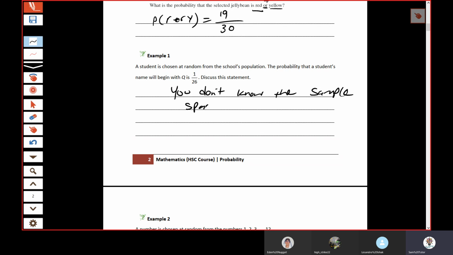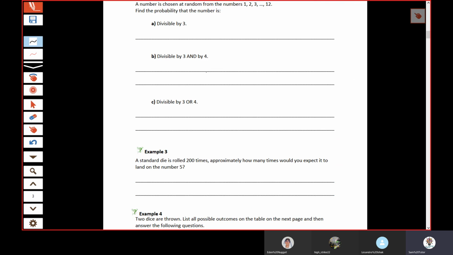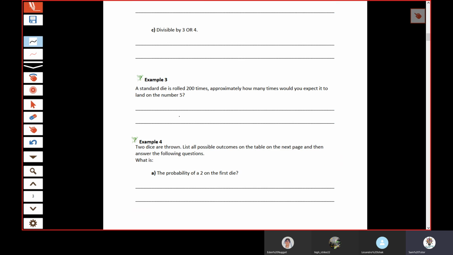What if I told you there was only 5 people in the school? Think of that. Are you still going to say the Q is 1 out of 26? How does that make any sense? There's only 5 people in the school. So you've got to be careful with little things like that. All right, that one should be easy.